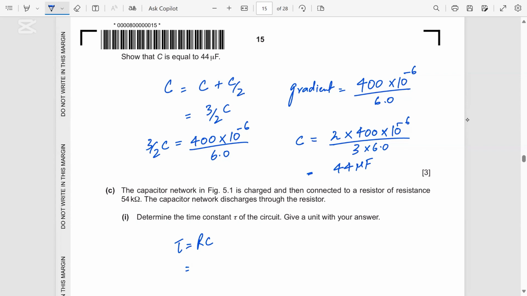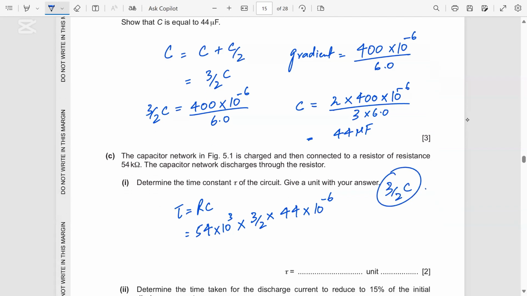So we have 54 into 10 raised to the power 3 times C, which is 3 over 2 times this 44 into 10 raised to the power minus 6, because it was 3 over 2C for the entire network. So it's going to be equivalent to 3.6 seconds. And it's the time constant, so the unit is seconds.